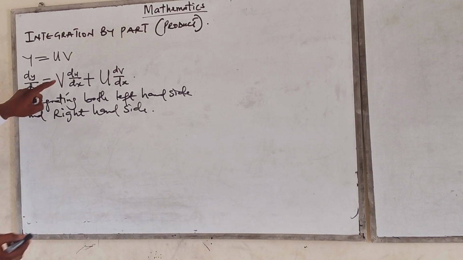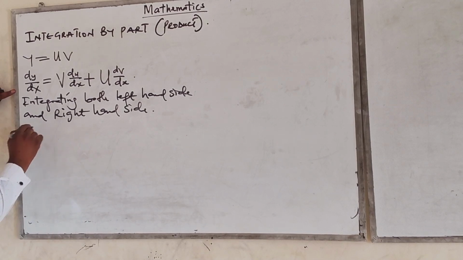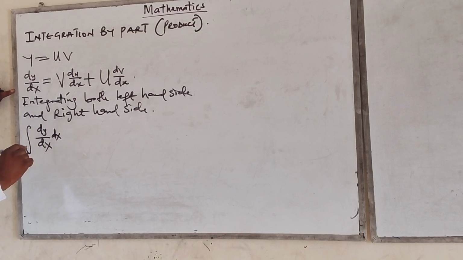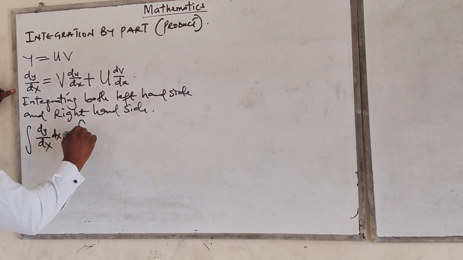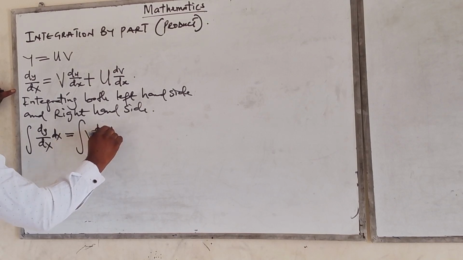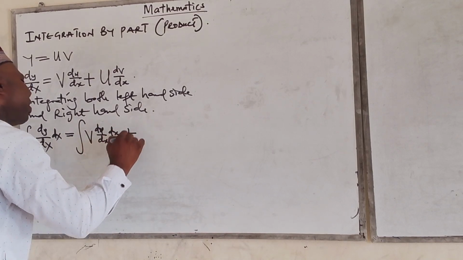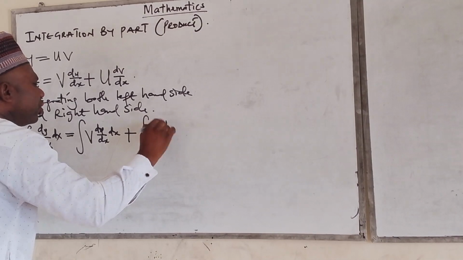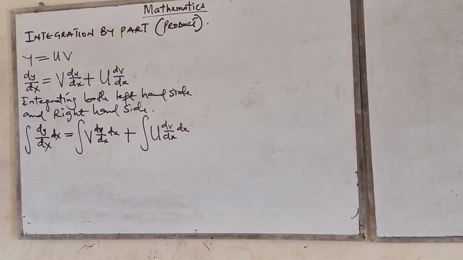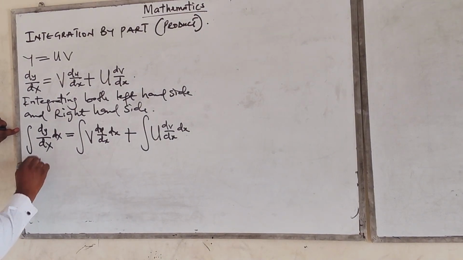At the right hand side we have v du/dx plus u dv/dx. So this is the same thing as saying integral dy/dx with respect to x is equal to integral v du/dx with respect to x plus integral u dv/dx with respect to x.